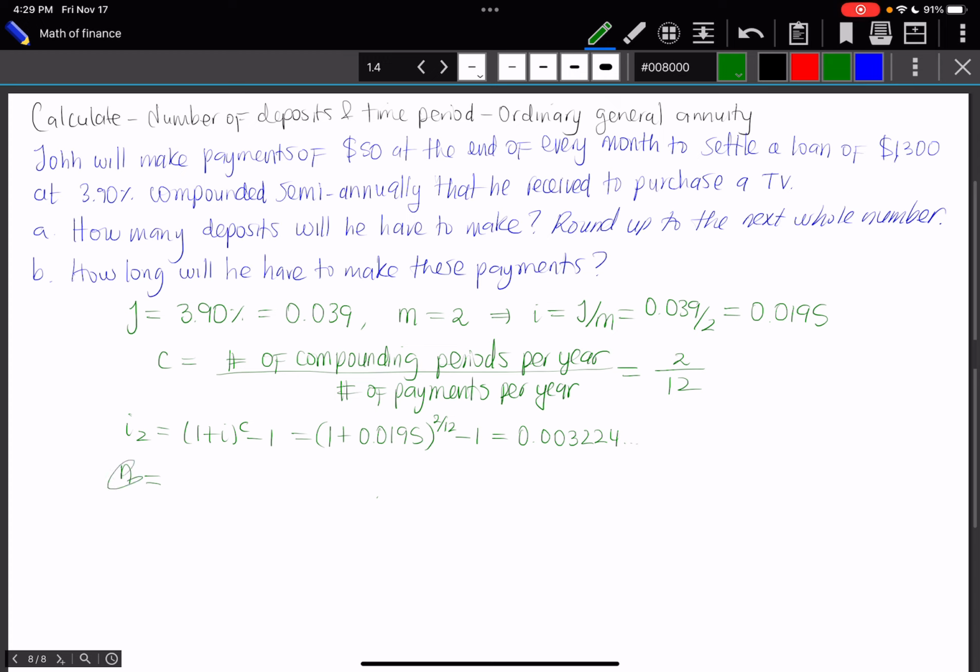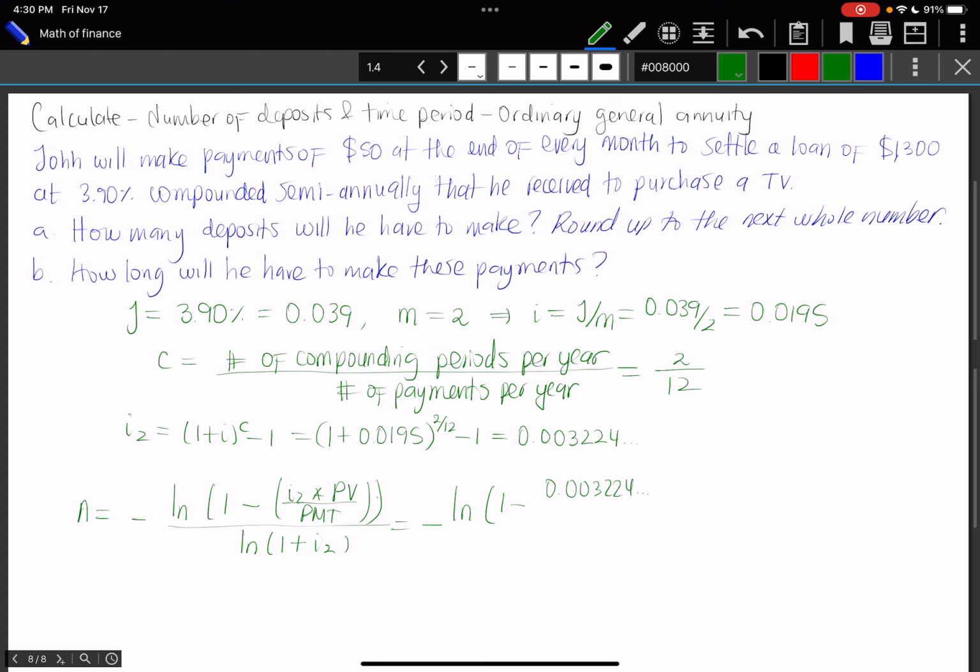We have n equals minus the ln of (1 minus i2 multiplied by the principal value divided by the payment, the value of the payments), then we close brackets, and then we divide by the ln, the natural logarithm, of 1 plus i2.